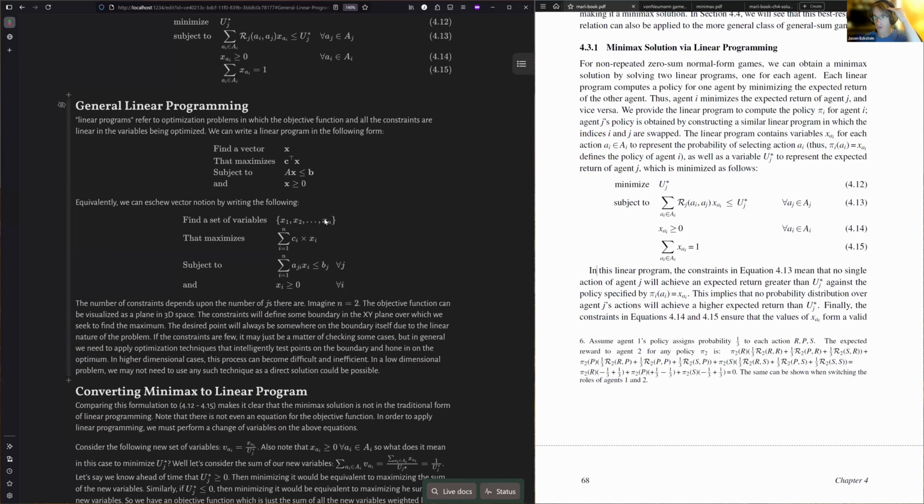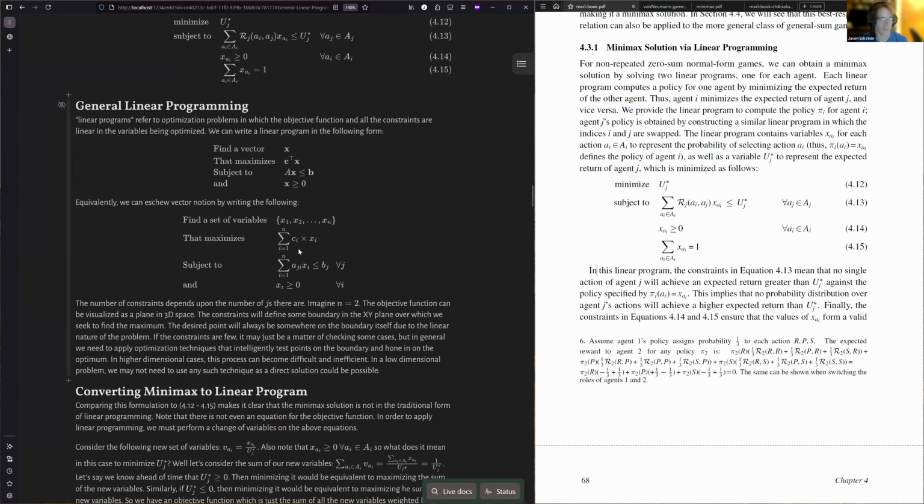The objective function is just going to be a plane in this 3D space. And then these other constraints basically create some boundary in the XY plane that, if we project up onto the objective function, we just want to know where on that boundary is the maximum. So in general, right, we would have to check all around the boundary for the maximum.